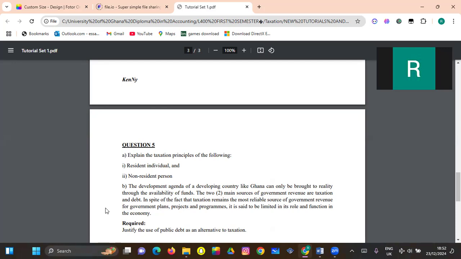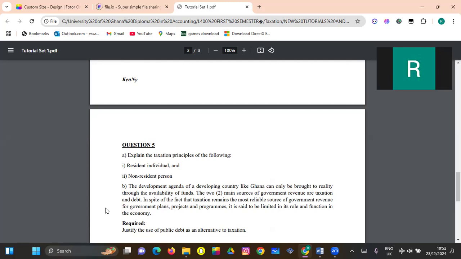In spite of the fact that taxation remains the most reliable source of government revenue for government plans, projects, and programs, it's said to be limited in its role and function in the economy. Justify the use of public debt as an alternative to taxation, right?